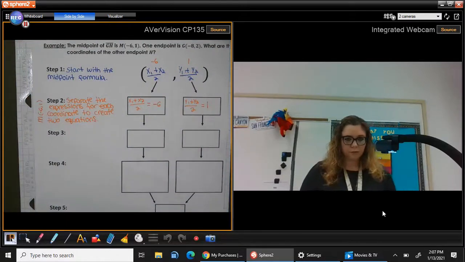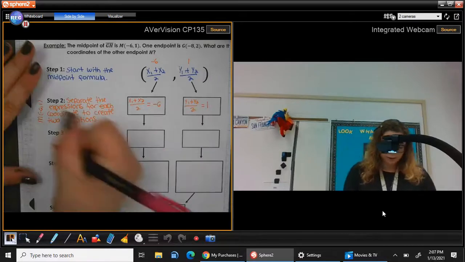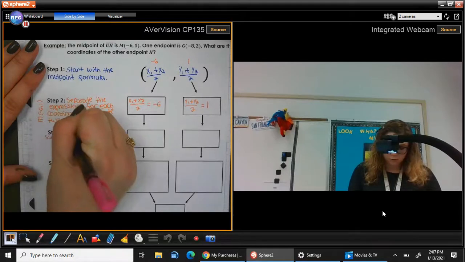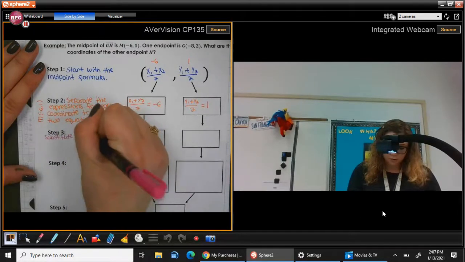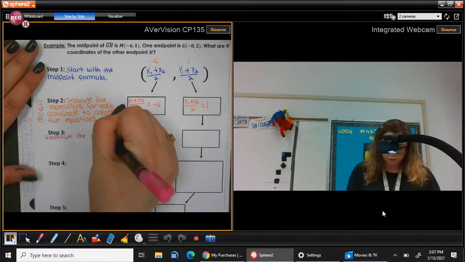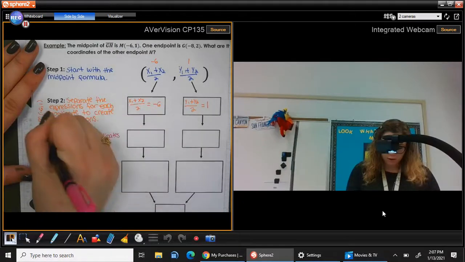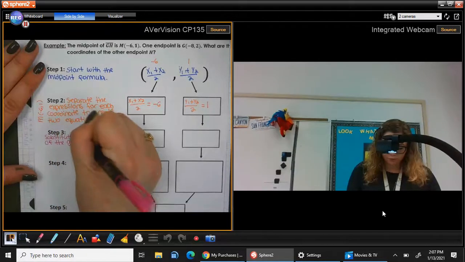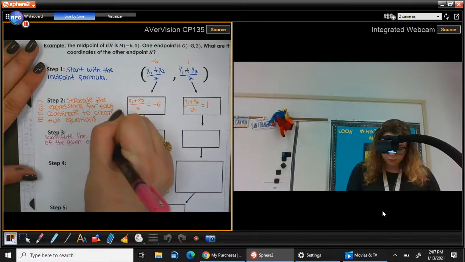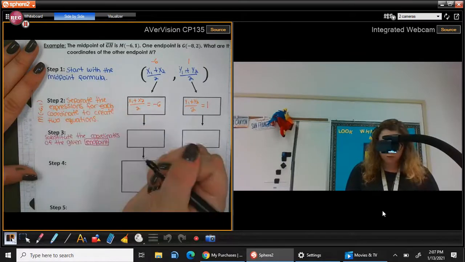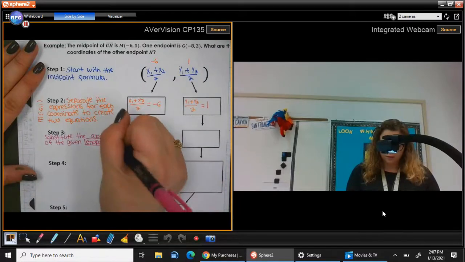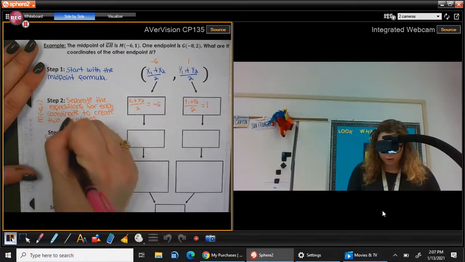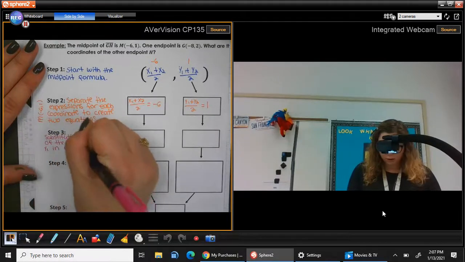Next step is you're going to substitute the coordinate of the given endpoint for x1 or y1 in each equation.